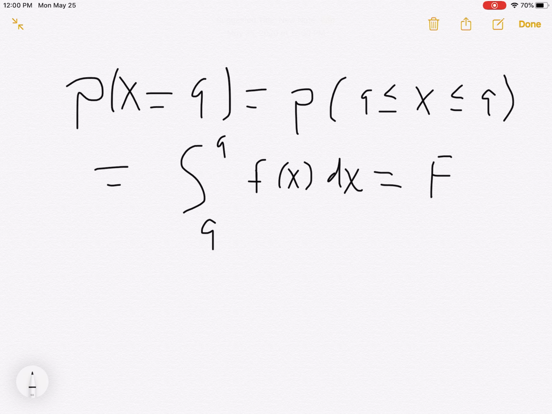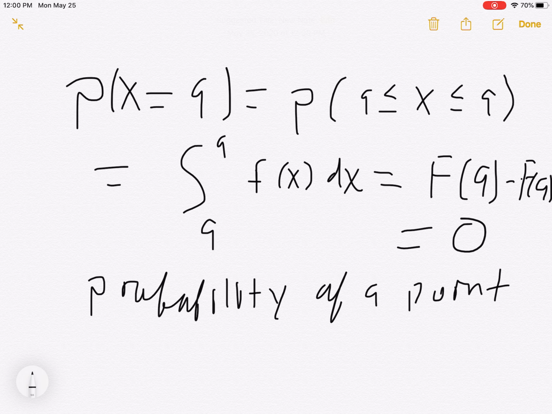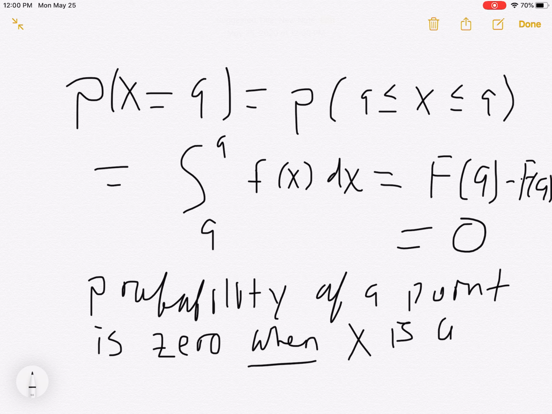So that's going to be F of 9 minus F of 9, and that's 0. Okay. Probability of a point is 0, is what we just showed, and this is really important because it's not true if it's discrete, when x is continuous.